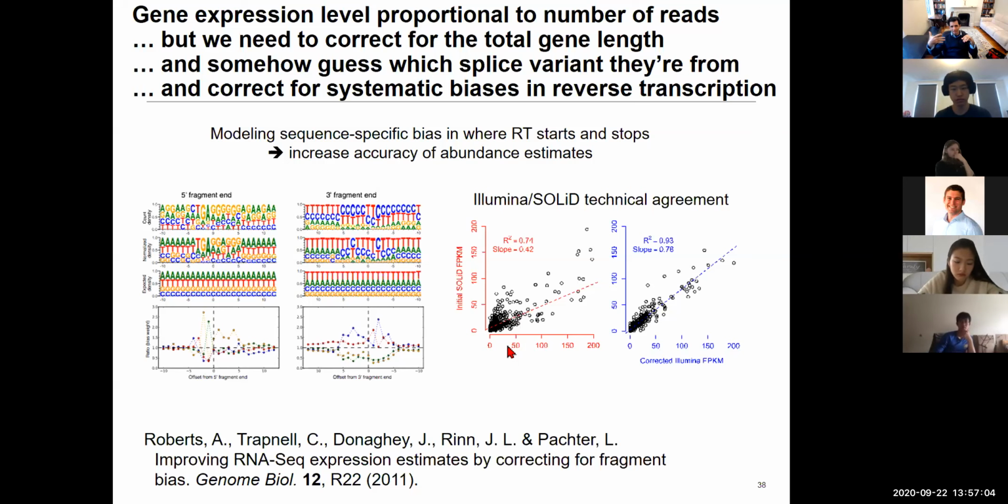So you have to walk back from that in order to capture the remainder. So you model these sequence-specific biases where reverse transcription starts and stops, and then you can increase further the accuracy of your abundance estimates.